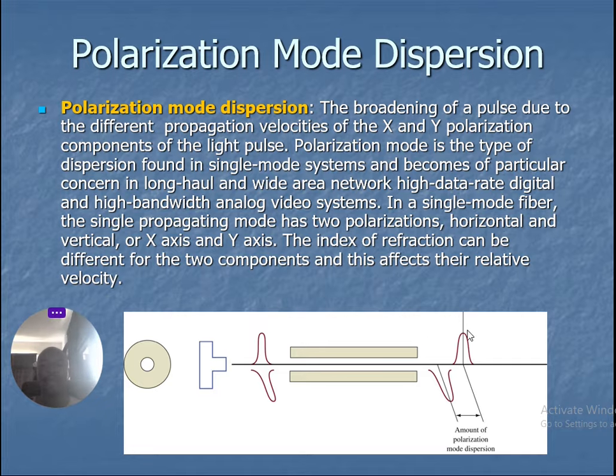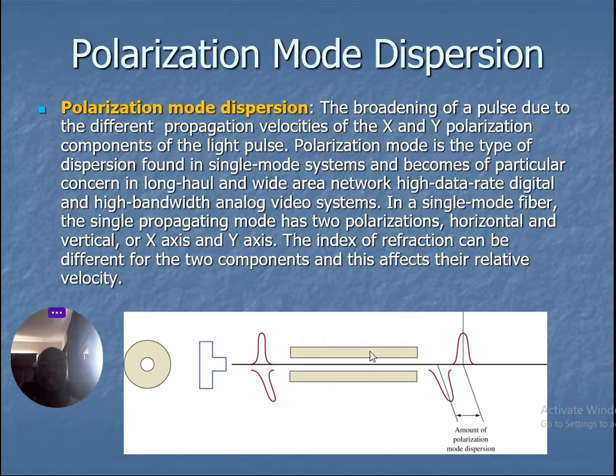The light pulse has a horizontal orientation. It also has a vertical orientation. So as the light propagates in the medium, the speed has a vertical orientation and a horizontal orientation.